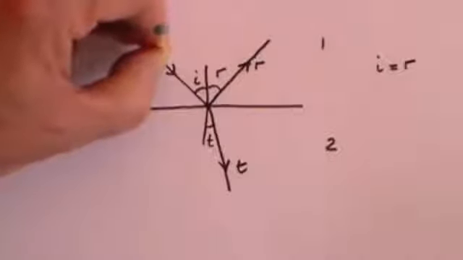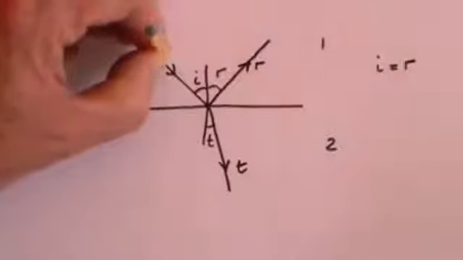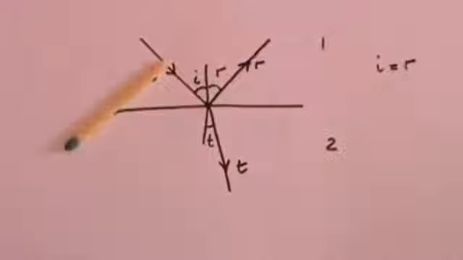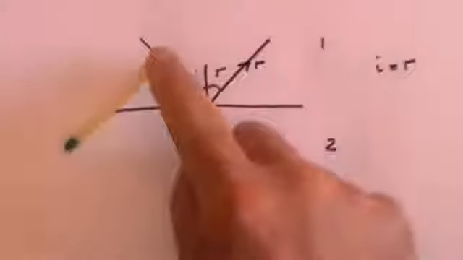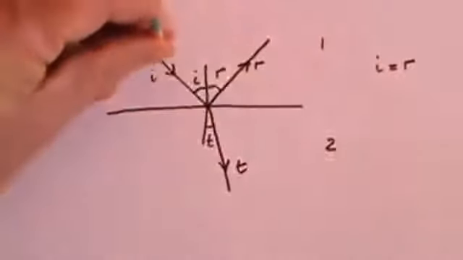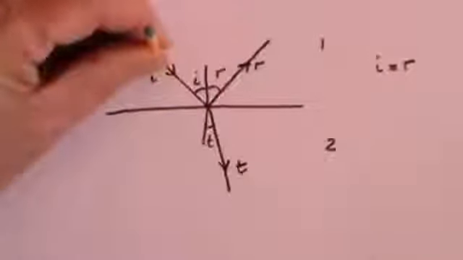One component is what I call the perpendicular component. That is the component that is sticking out of the paper. The other component is 90 degrees to that. That is the component that is parallel to the paper. So all E fields can be resolved into this one, the parallel one, and this one, the perpendicular one.